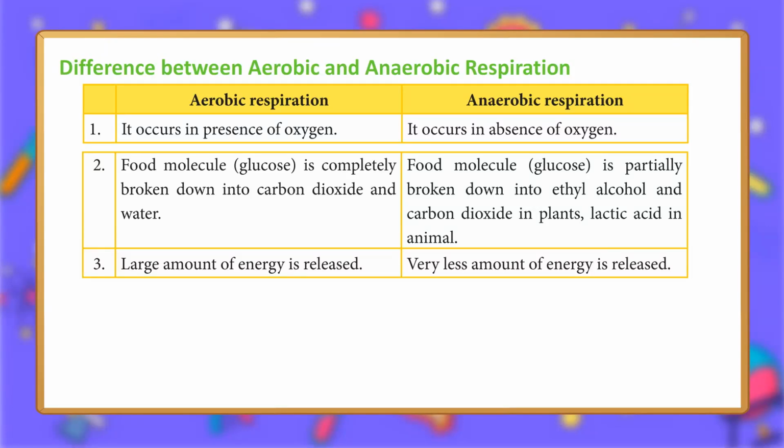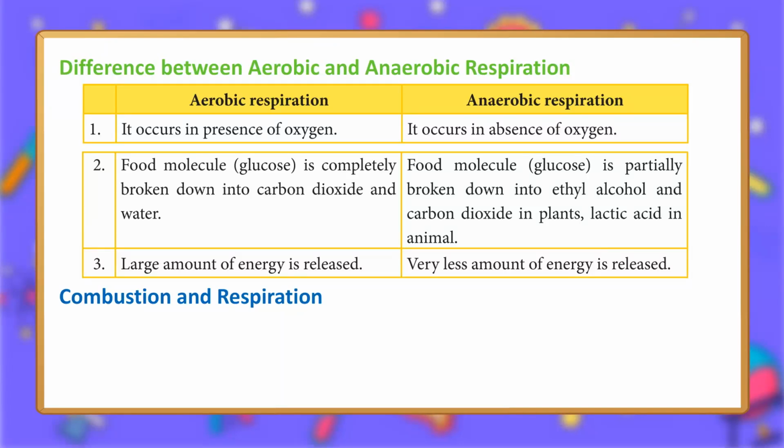Food molecule, glucose, is partially broken down into ethyl alcohol and carbon dioxide in plants, and lactic acid in animals. 3. A large amount of energy is released. A very small amount of energy is released.